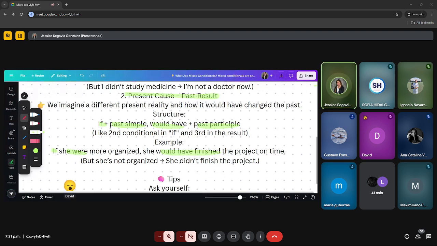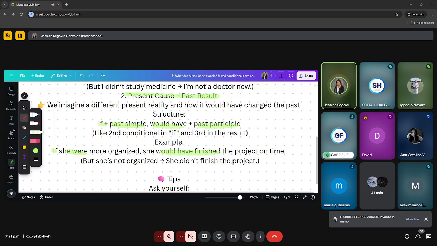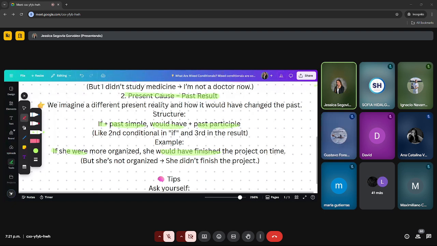Okay, does anybody else have any other observation or question? Gabriel Flores, I hear you. Ok, mi preguntilla era con respecto a la practiquilla que hicimos hoy, que no sé si era una tecniquilla, pero también para saber estructurarlas bien, en este caso el present cause y past result, tiene que estar aquí, en el she would have, tendría que haber el verbo después del have, ¿no?